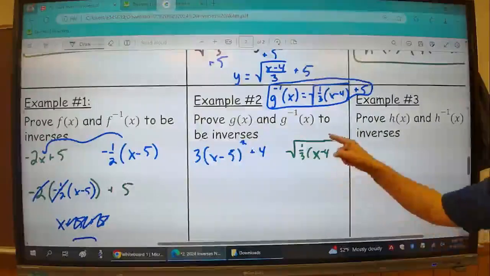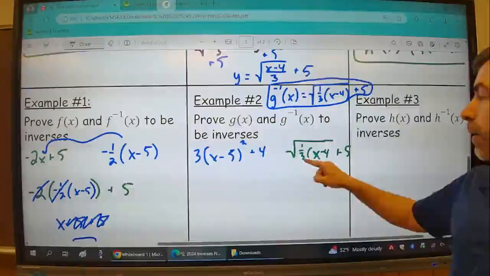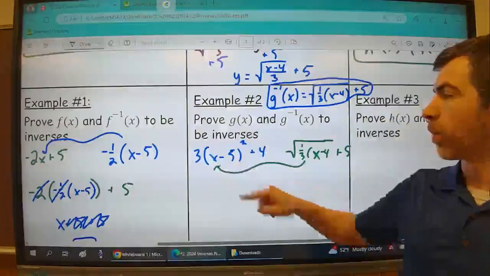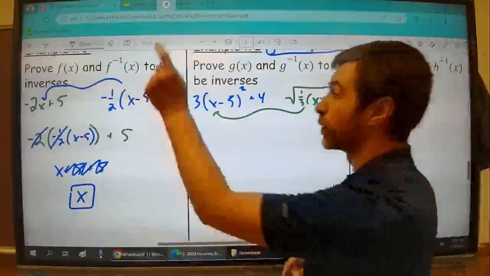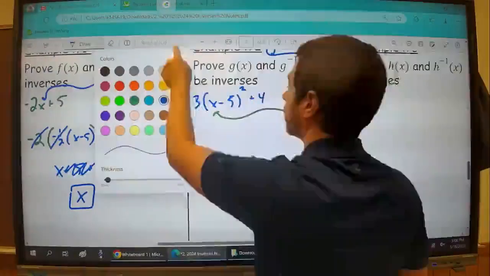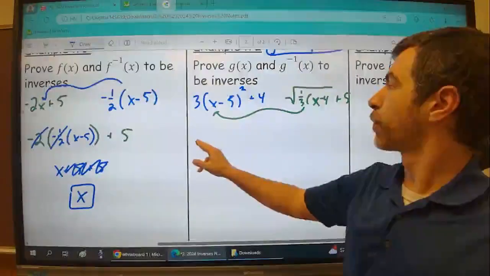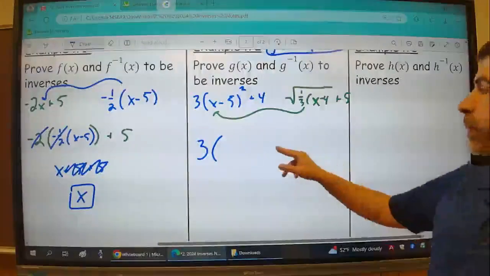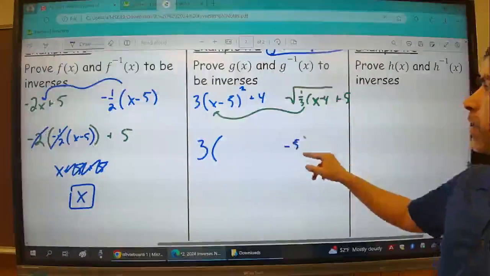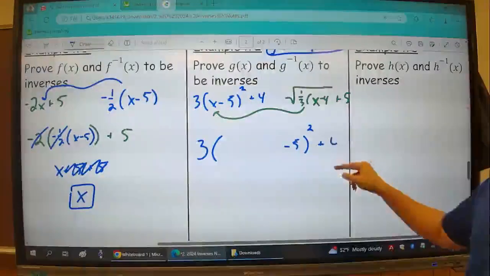I'm going to take what we got here, and I'm going to plug it in where x goes. So what we have is the original: 3 times all the green minus 5 squared plus 4.